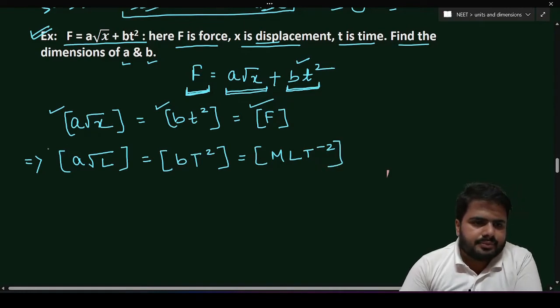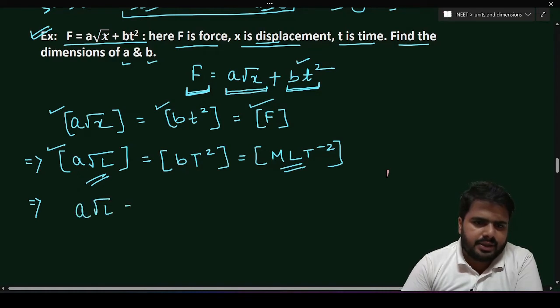After writing this, we simply compare A root x with M L T minus 2 to find the dimension of A. So A root L equals M L T minus 2.